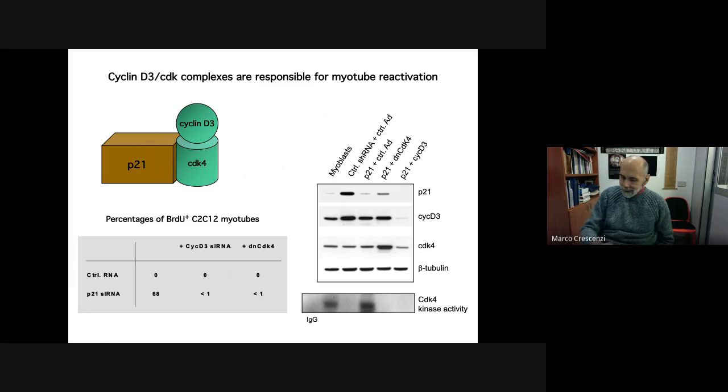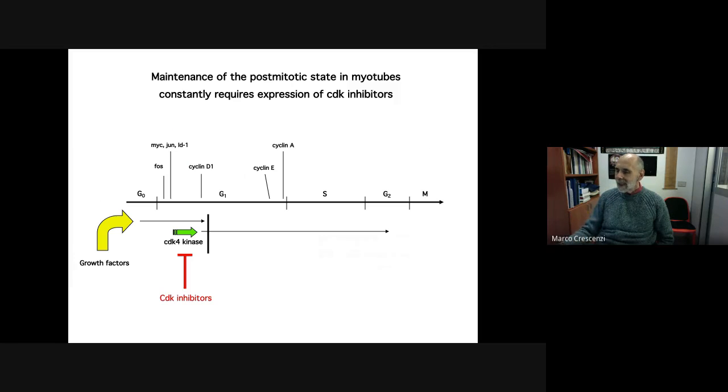Now, that again was a milestone to us because it told us what prevented the myotubes from ordinarily activating CDK4 kinase. Remember, I told you that the block here in MYT-G1 was merely due to the inability of myotubes to express CDK4 kinase.